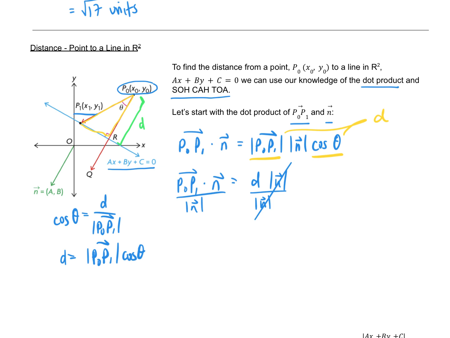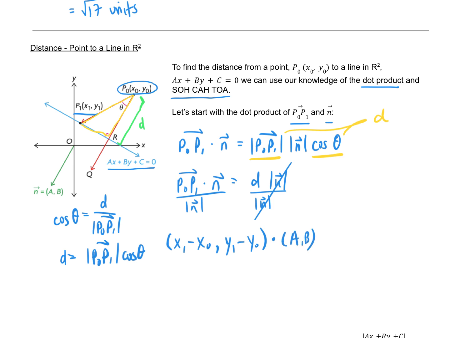Now let me start cleaning this up and actually bringing some exact coordinates. This vector P naught, P1, I can write it as x1 minus x naught, comma, y1 minus y naught, dot, the normal is vector AB.